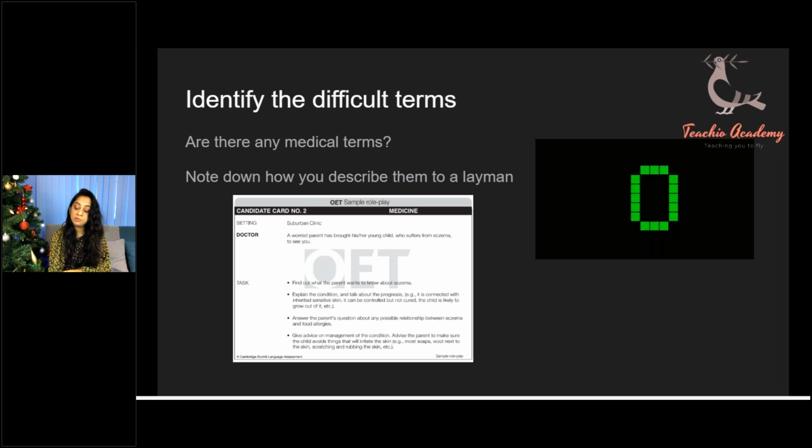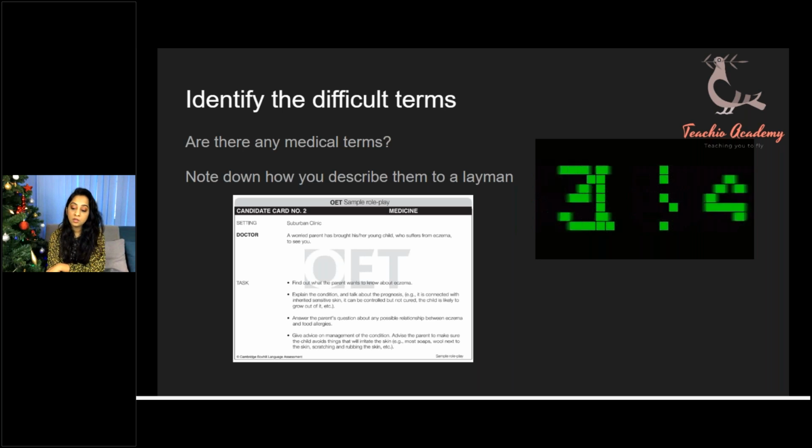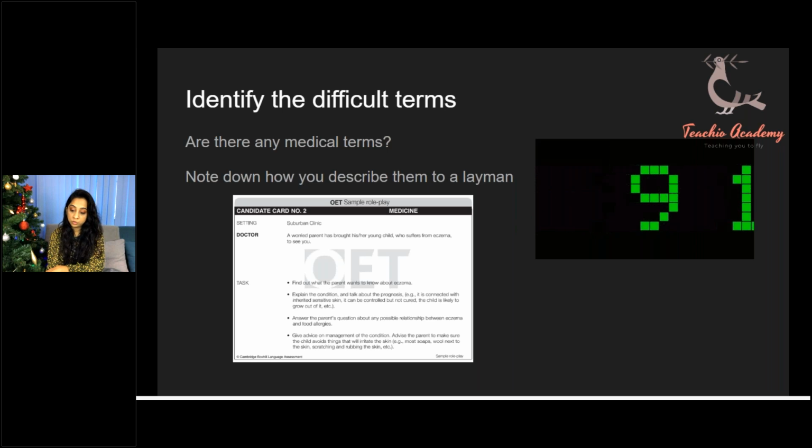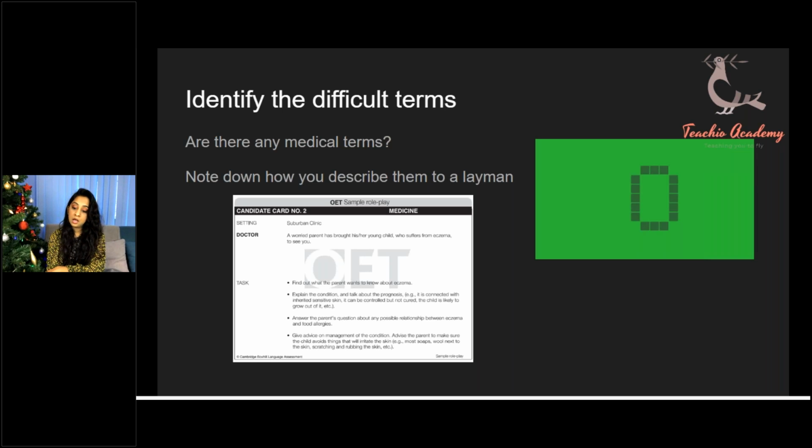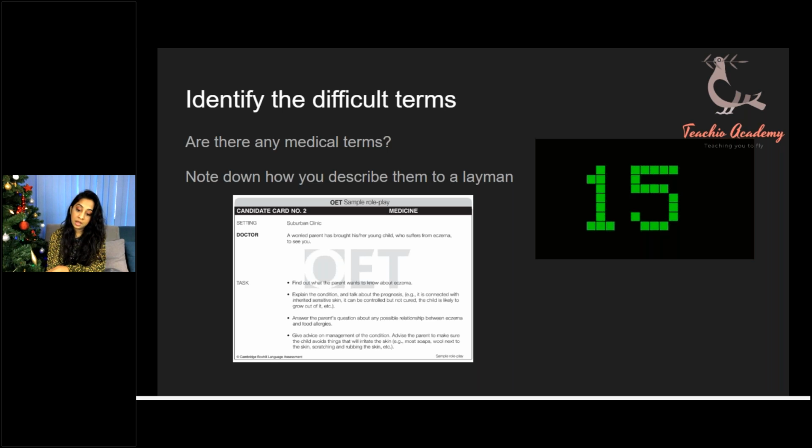Another way of describing prognosis, for example, if it's a patient who's got cancer, you're going to say, I assume you would like to know about the prognosis of the cancer. What prognosis means is how the condition might progress with time. With time and with good chemotherapy, we should be able to cure you of this cancer.